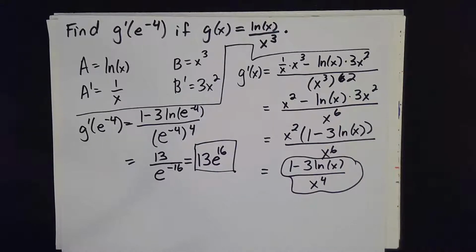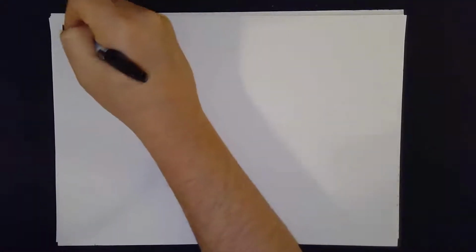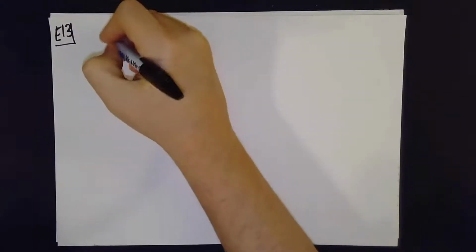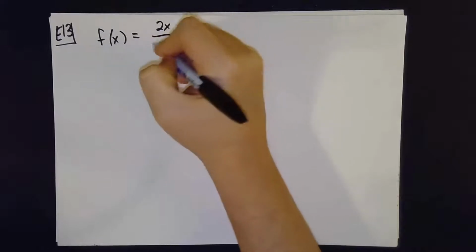13E. Sure. Okay, so we have here a function 2x over x minus 3.